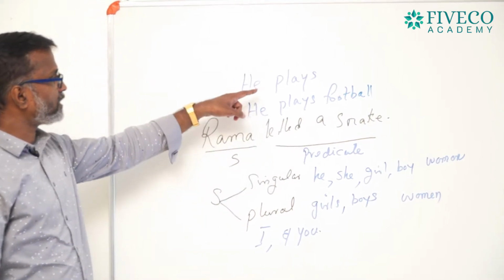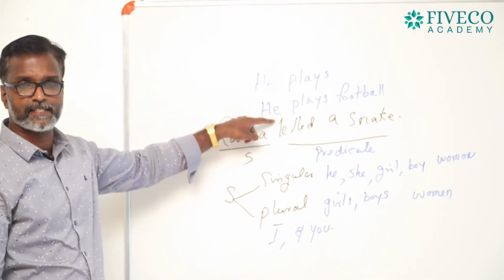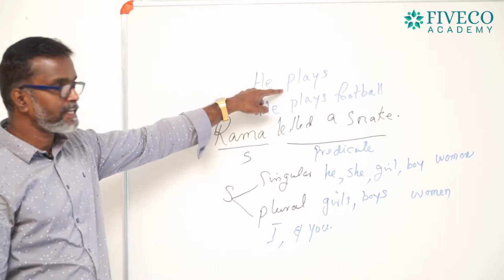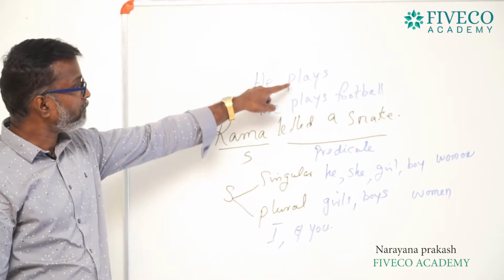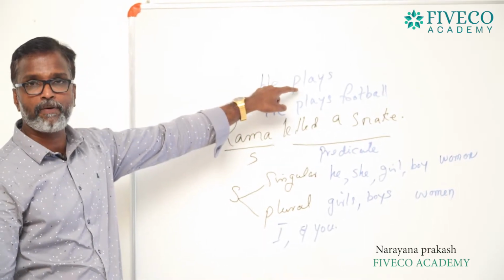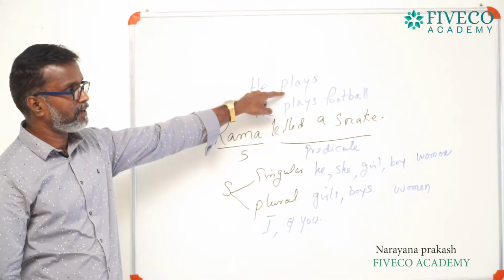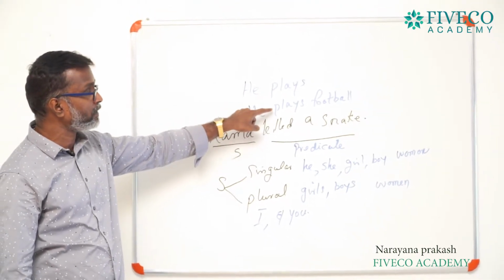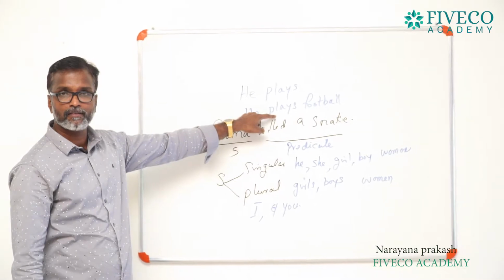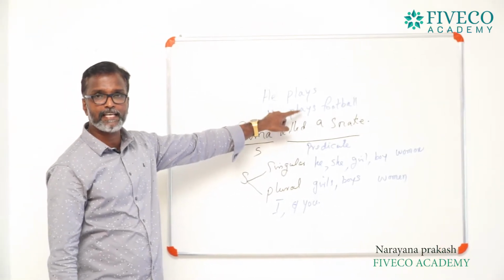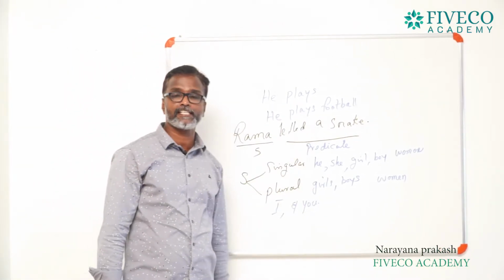And what is the difference between these two sentences? The first sentence, he plays, he is the subject and plays is the predicate. And in the second sentence, he plays football, plays football is the predicate.